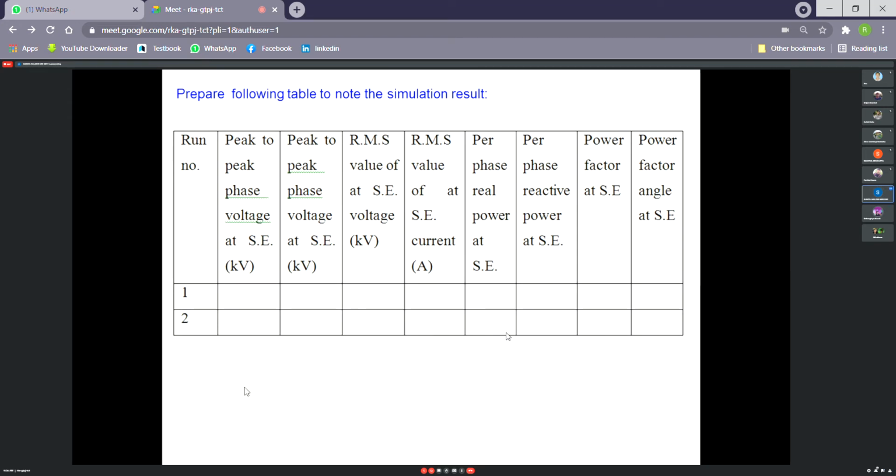Ma'am, the first column and the second column are both the same, right? That will be the receiving end. You edit it. The second column will be peak to peak voltage at the receiving end only. I have actually copied and forgot to edit.